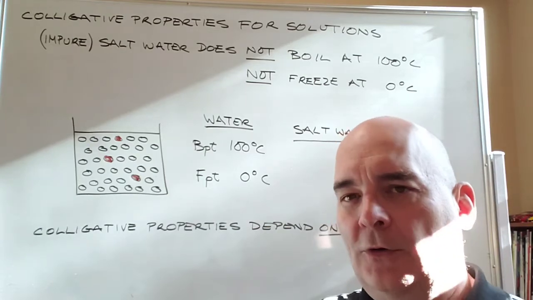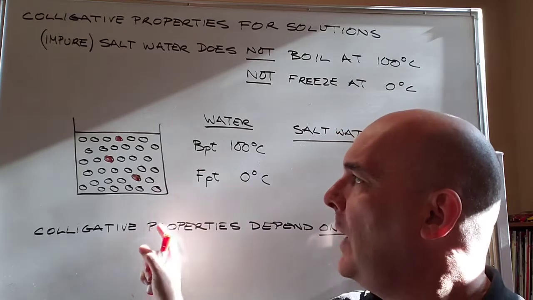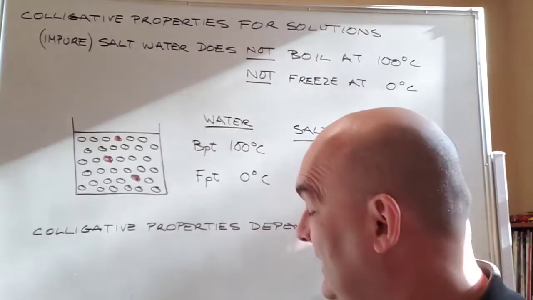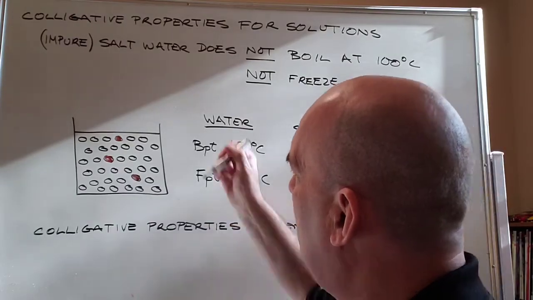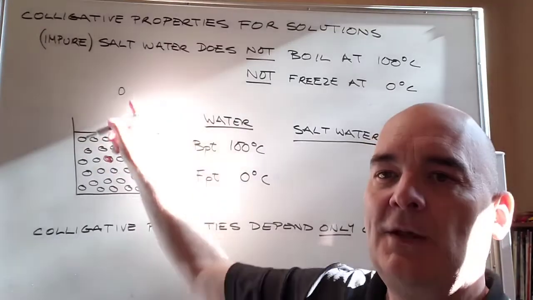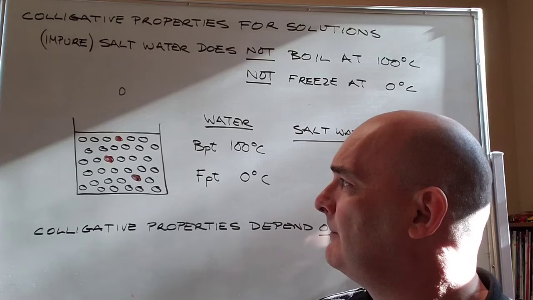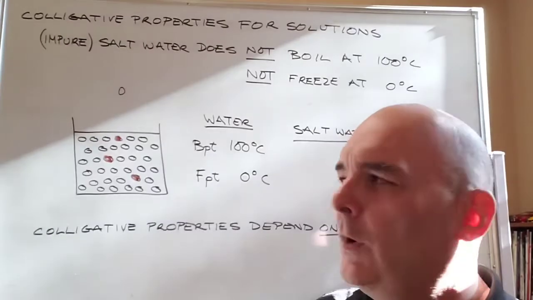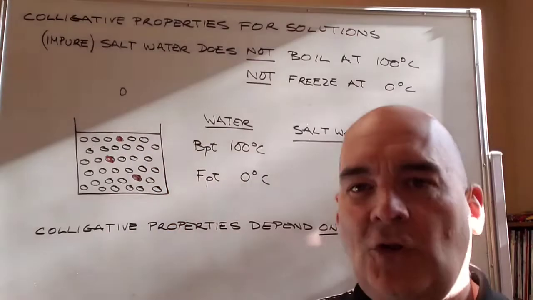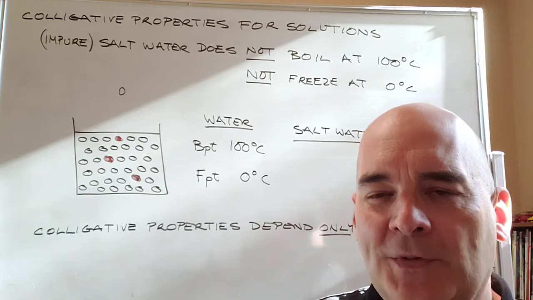Now, in order to boil, you have to take a liquid and escape into the vapor phase. You have to get enough kinetic energy that you can escape and join the gas phase. Well, these impurities are stopping the liquids from escaping the vessel.